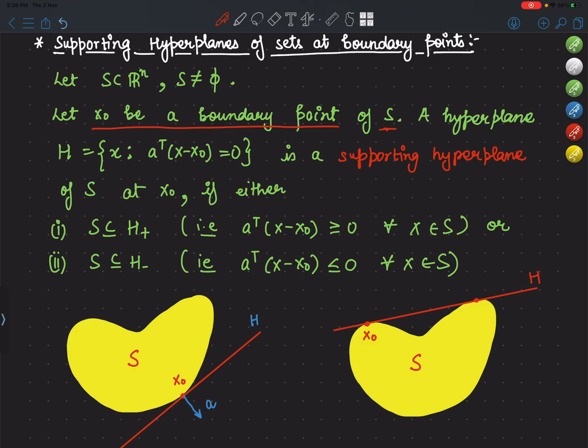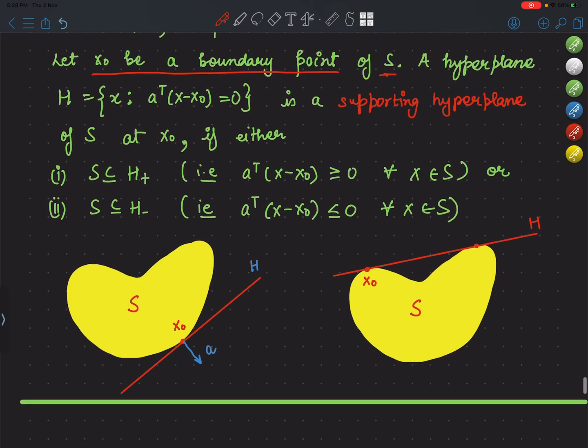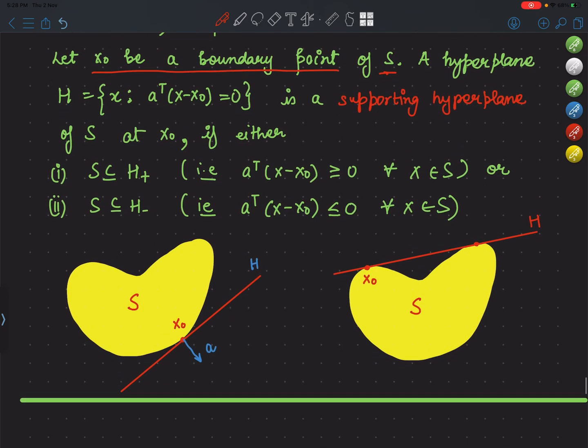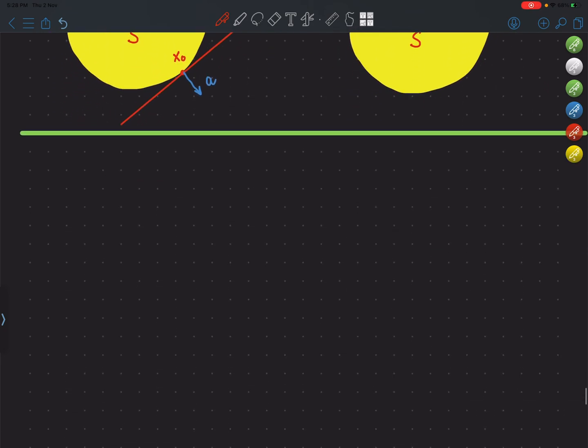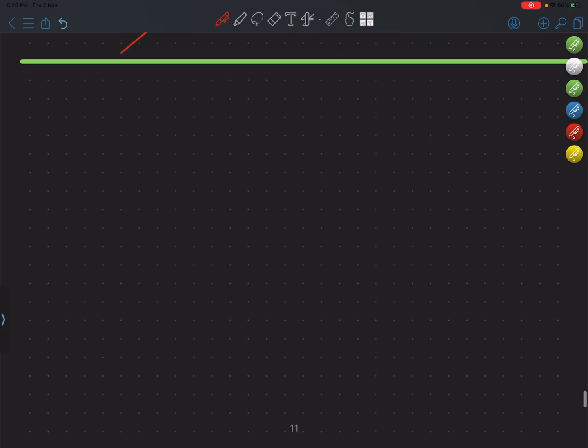This is also a supporting hyperplane. It is still not cutting the set S. So this is what a supporting hyperplane looks like. So now we'll try to state two theorems and then we'll end the lecture.